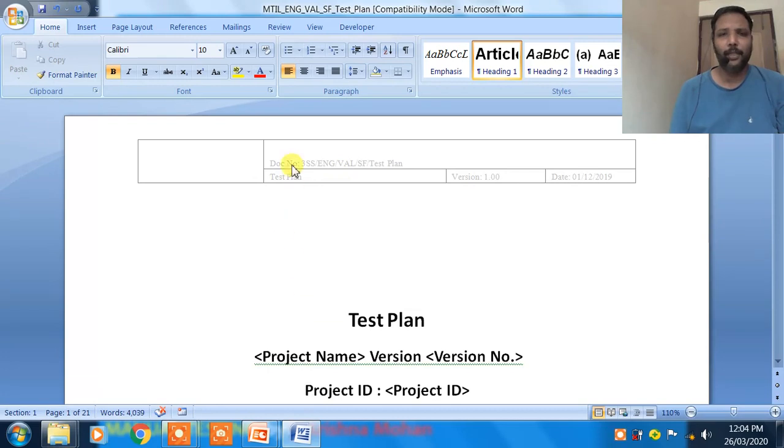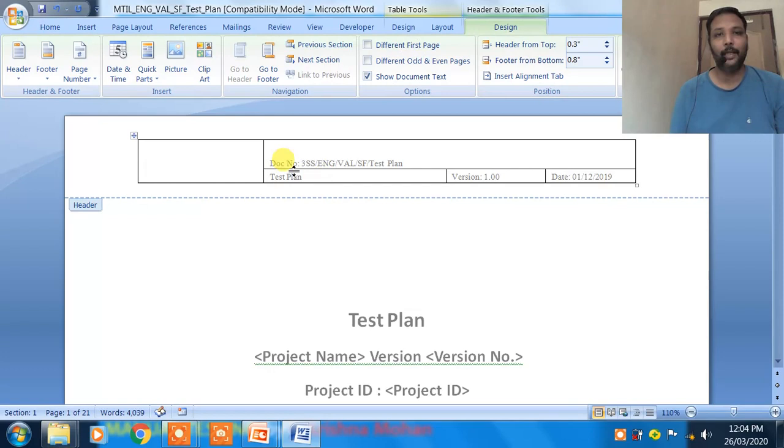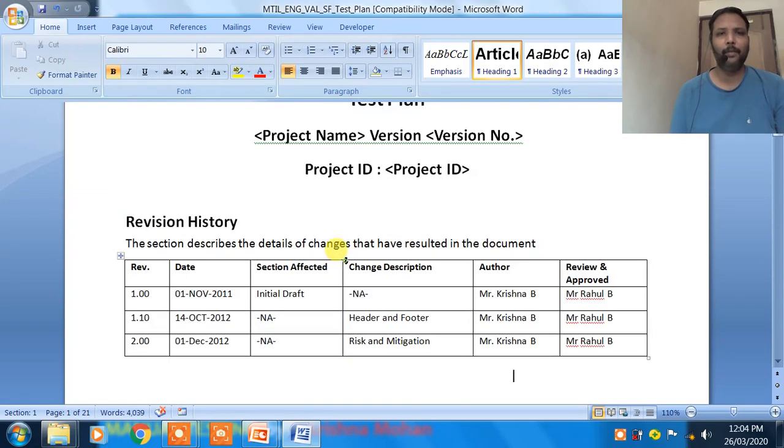Whenever any document is there, the document will have a document number. That is what is called the document identifier. So here you can see, in the header, the document number is there. Sometimes it will be mentioned on the first page.